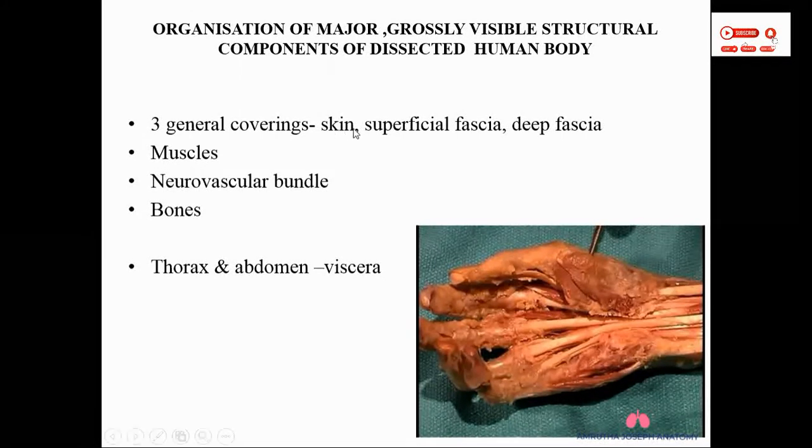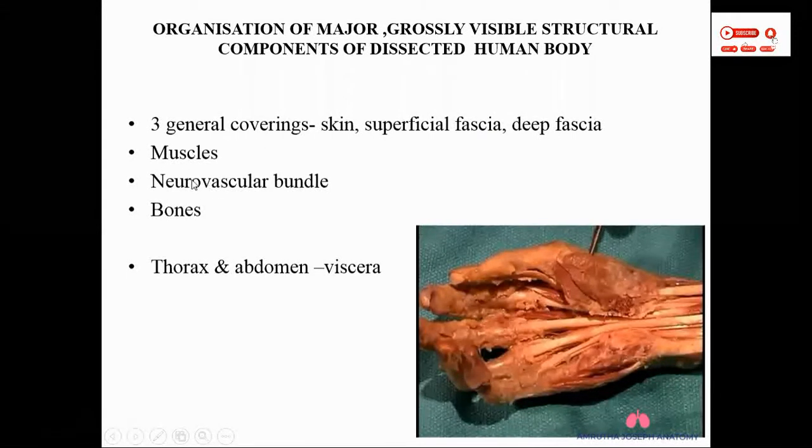Then you'll be entering into the superficial fascia, which is below the skin. Then if you remove the superficial fascia, you'll be entering into the deep fascia. So skin, you can see the skin, right? And this is superficially placed. Superficial fascia is a connective tissue. Deep fascia is also a connective tissue. We will see what is connective tissue in the coming classes. Now, deep to deep fascia, we have muscles.